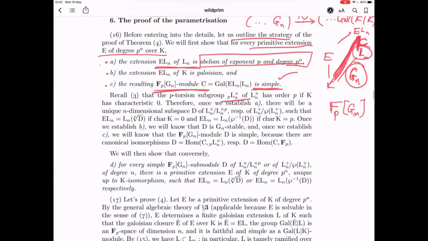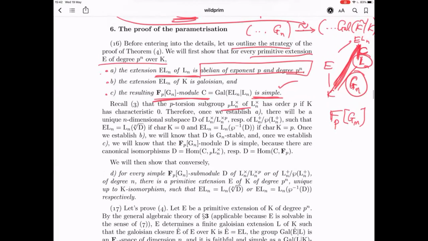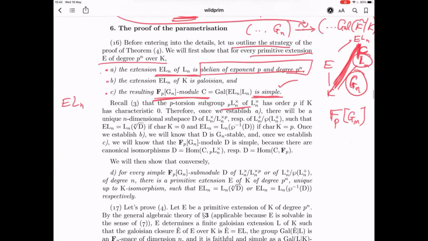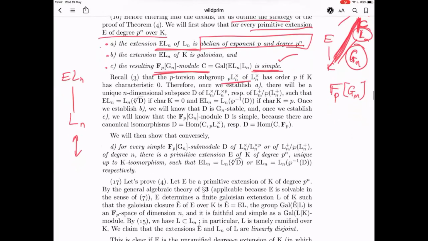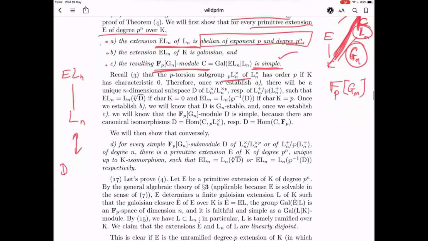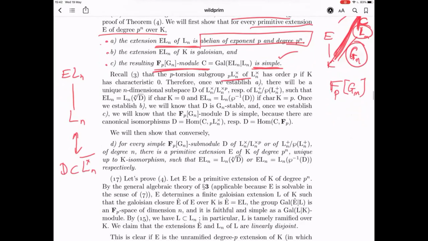And therefore this extension E·Ln of Ln will correspond to some simple submodule of Ln star bar. So it'll correspond to some D, which is a simple submodule here.